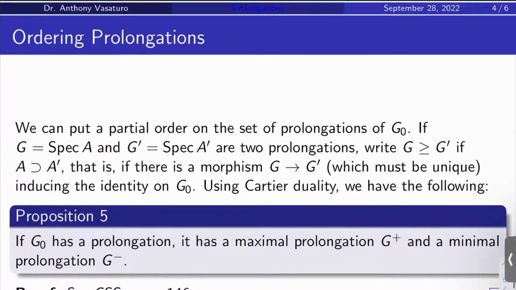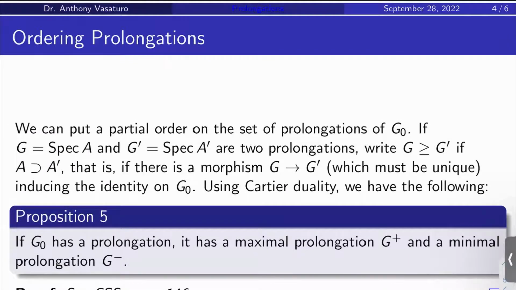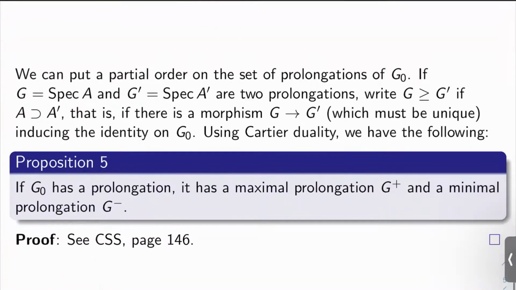Okay, so here's one of the key results that we're going to need going into the next videos. You can put a partial order on the set of prolongations of G0. How do you do that? It's pretty easy. Just let G equals spec A and G prime equals spec A prime be two prolongations of G0, and we'll write G is bigger than or equal to G prime if A contains A prime.